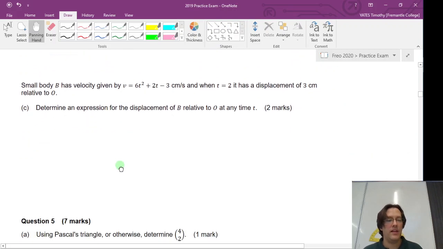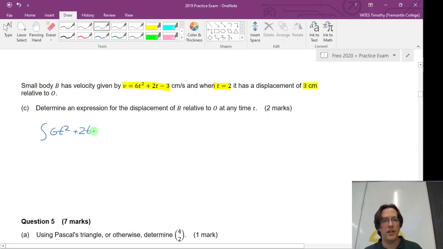Now, last one, small body B has this velocity. So this is one where we have a velocity and we need to work out the displacement. And so when t equals 2, it has a displacement of 3 centimeters. So we need to integrate 6t squared plus 2t minus 3.